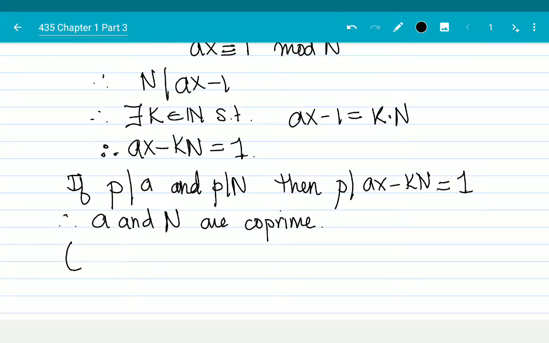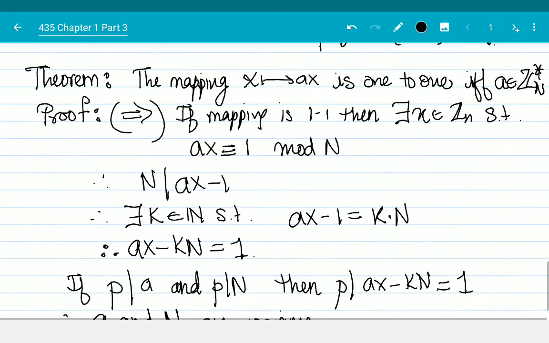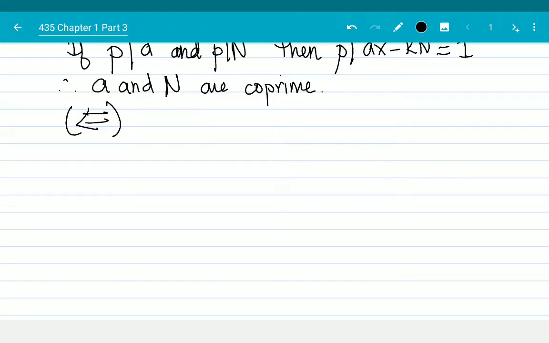Okay. For the other way around, we want to show that if a is in Zn star, then the mapping is 1-to-1. What we are going to do is actually show the contrapositive. Suppose the map is not 1-to-1.